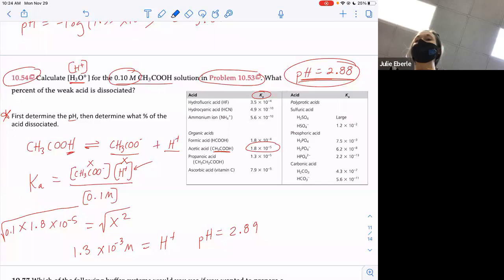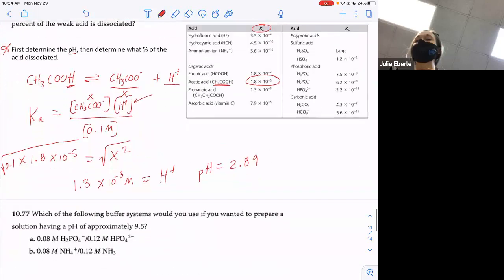So I'll do part divided by whole times 100. We'll say 1.3 times 10 to the minus 3 divided by 0.1, times 100. We'll figure out what percentage of this acid is dissociated.